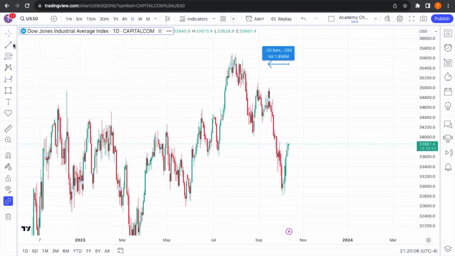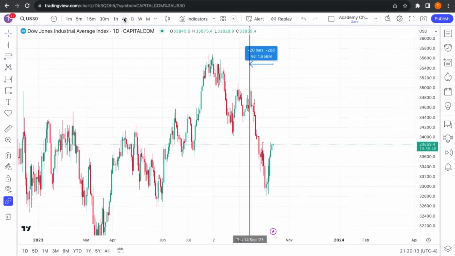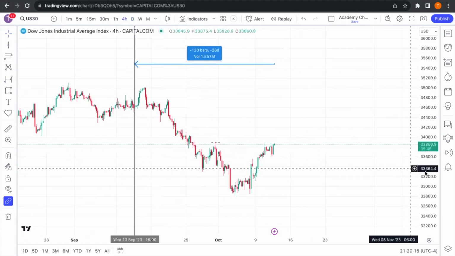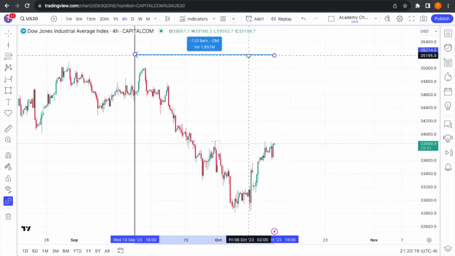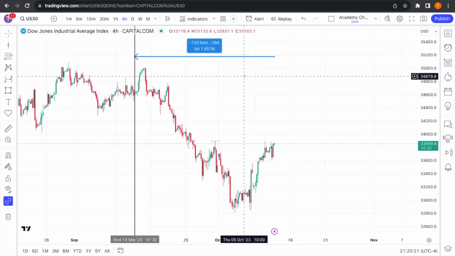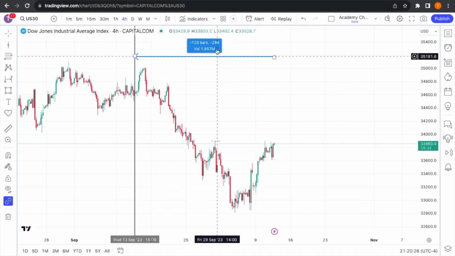So you can see there's 20 days of price action right there. Now what we're going to do, we'll just break that down to the 4 hour. We're going to measure that range. Again, it's the last 20 days. And now we're on the 4 hour, so it's 120 bars, right? And it's saying 28 days because that's including the weekend.